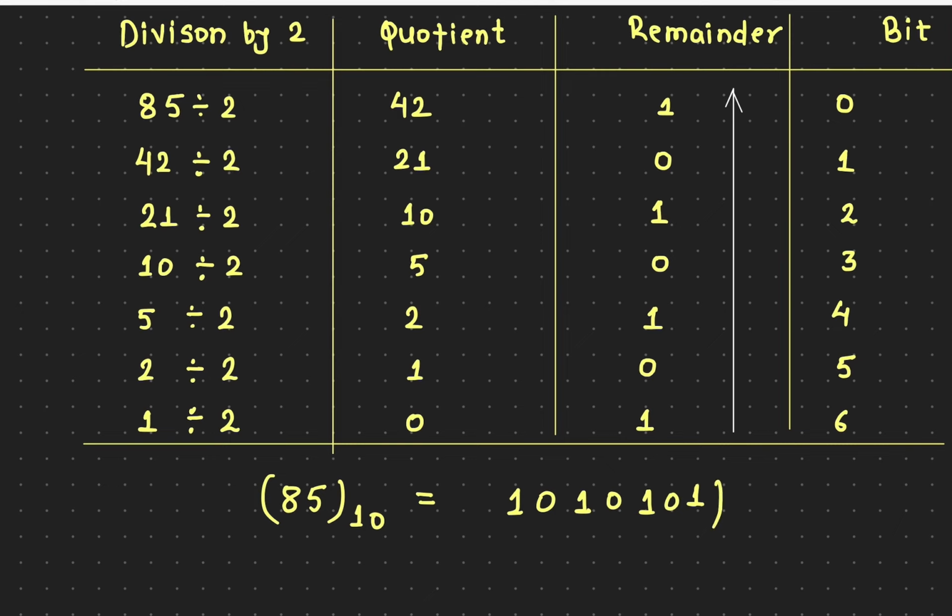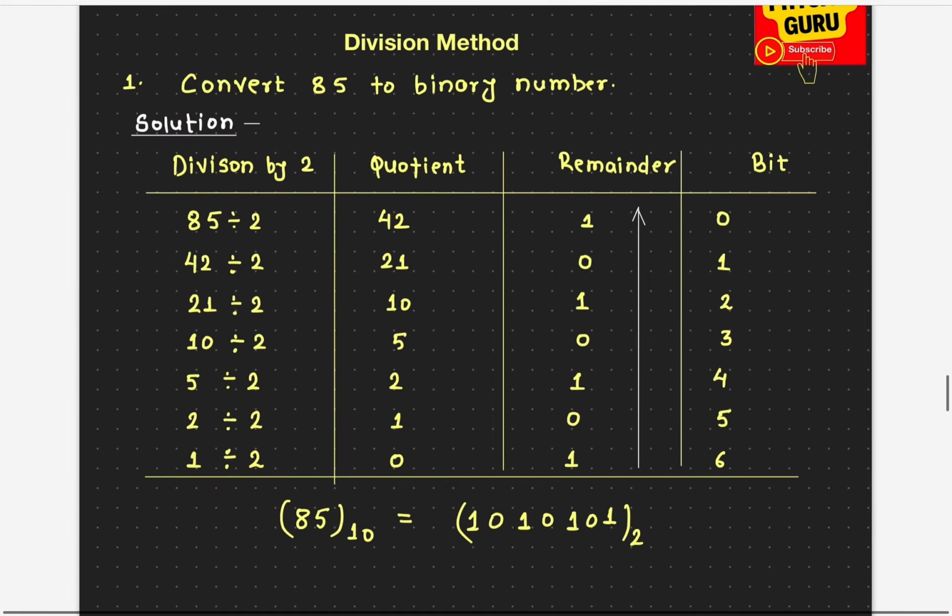And this is the binary, so we write the subscript 2. This is how we convert the decimal number into binary number by the division method.